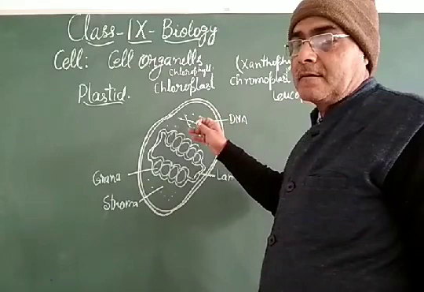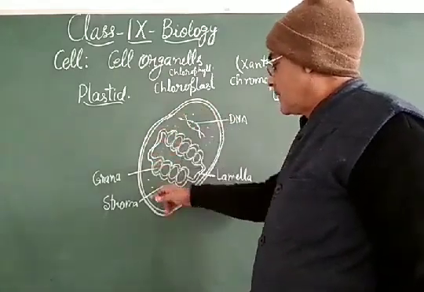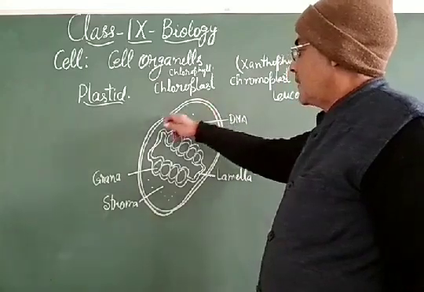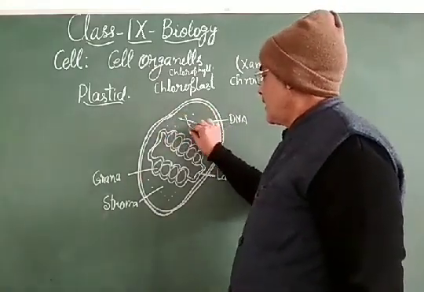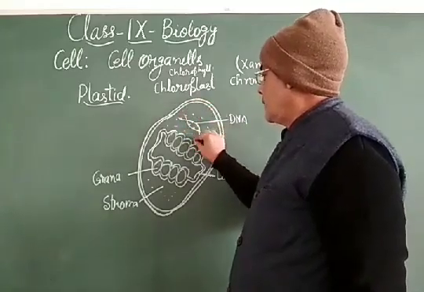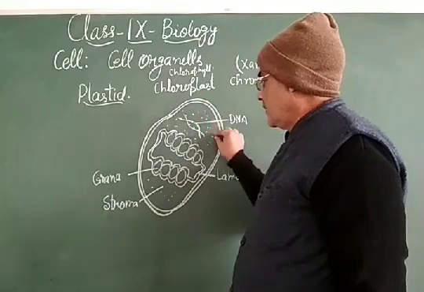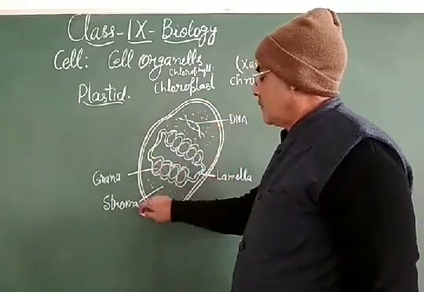My dear students, if you consider the structure of the plastid, it is an important cell organelle of the plant cell, and it has a double membranous structure. Inside it there are deep grooves, which are called stroma.